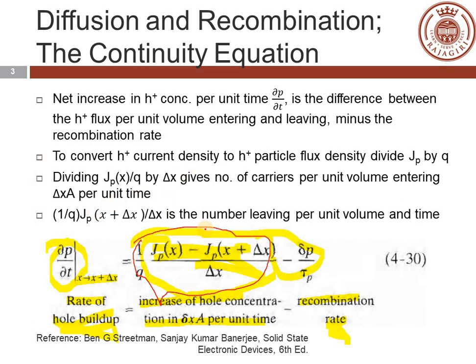Here it is Jp of x minus Jp of x plus delta x by delta x. So when delta x tends to 0, this becomes minus the derivative of Jp with respect to x. So when delta x tends to 0, this first part of our equation will become minus the derivative of Jp with respect to x.